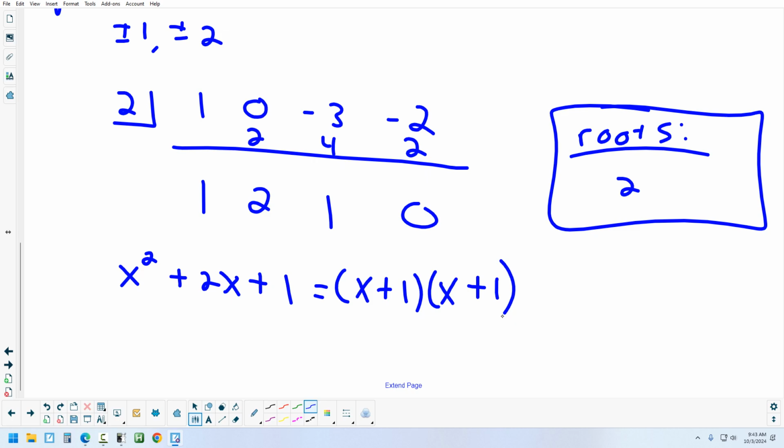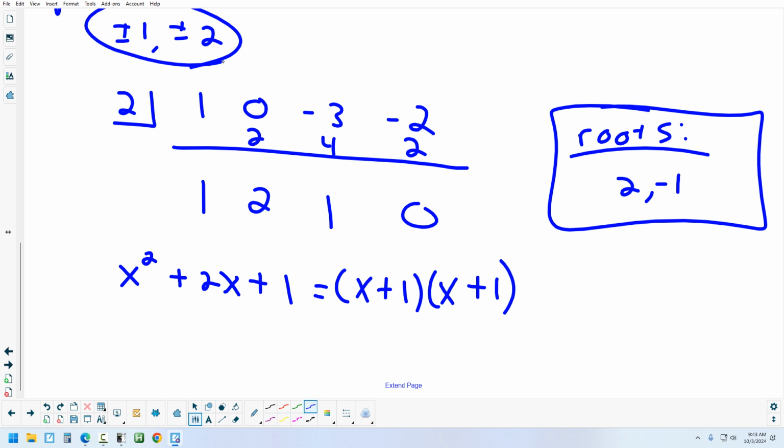So what's the other root? Yeah? Minus 1. Minus 1, and that's a repeated root. You don't have to write it twice, but it means it's going to come up and touch the axis and then bounce away. Minus 1 was also in our list of possible rational roots.